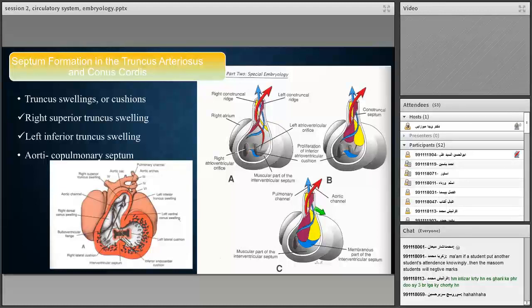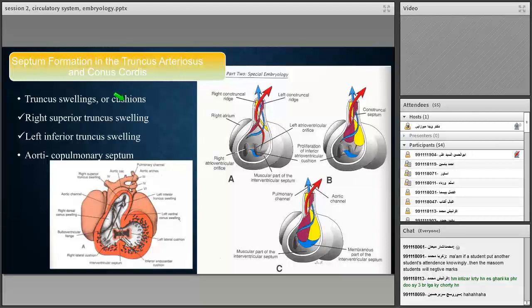These ridges are called truncus swellings or truncus cushions in the truncus arteriosus.